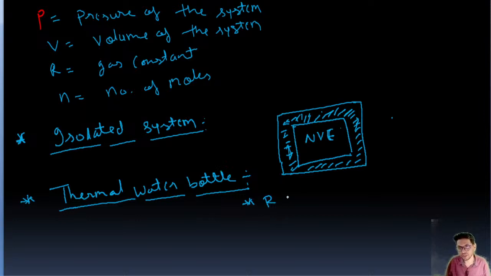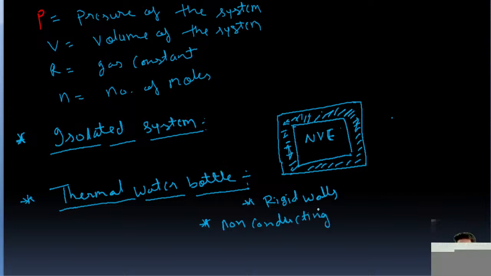Number 1, rigid walls. Number 2, non-conducting walls. Non-conducting means there is no transfer of heat between system and surrounding. Non-conducting is also called adiabatic.